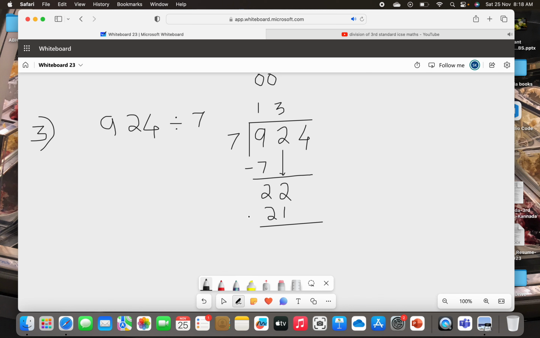22 minus 21 is what? Sorry, 22 minus 21 is what? 1. Pull down 4 because 1 is not divisible by 7, obviously. 7 times 2 is 14.